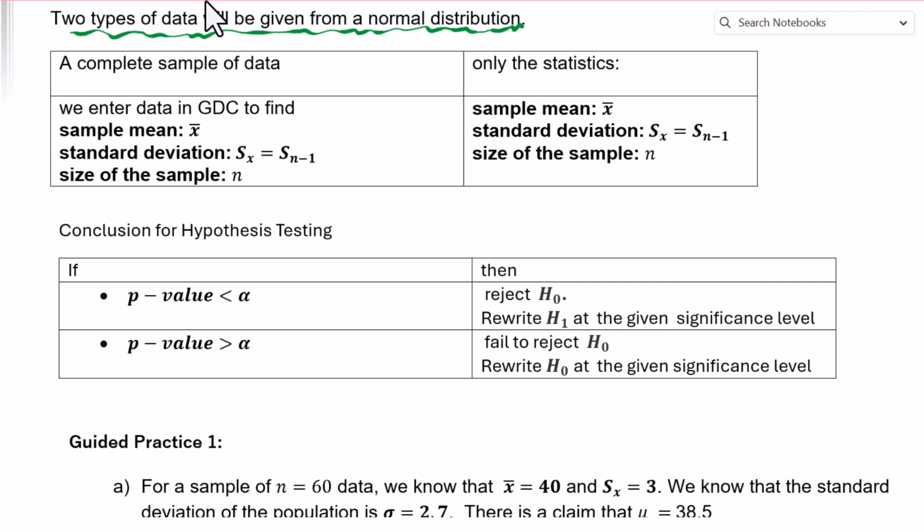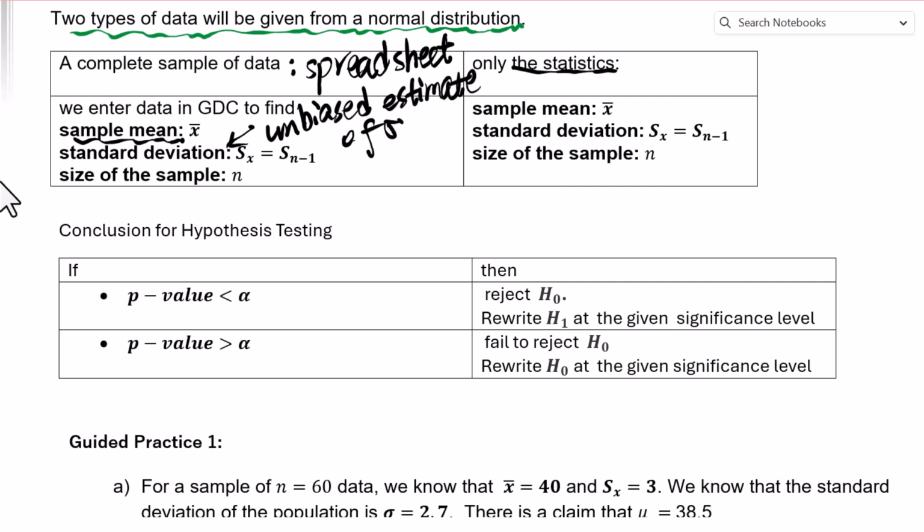A complete sample of data, we got to use a spreadsheet to work out sample mean, unbiased estimate of the population standard deviation S sub n-1. Sometimes you are only given the statistics like sample mean, unbiased estimate of sigma S sub n-1.